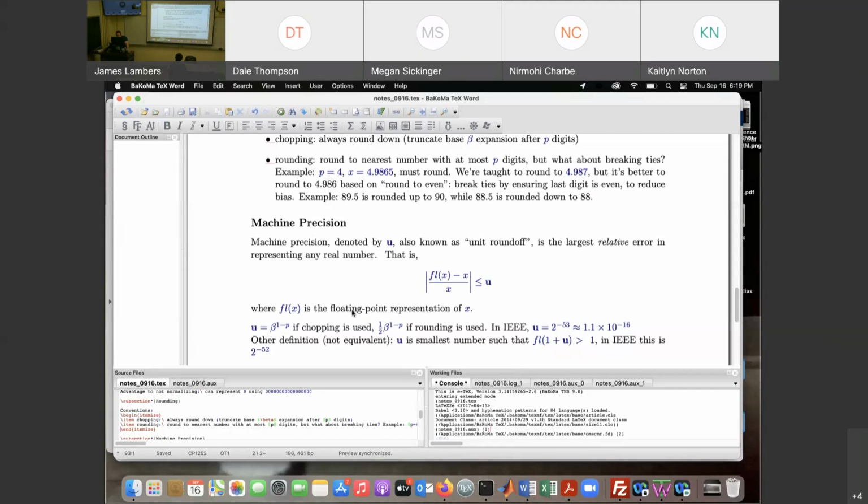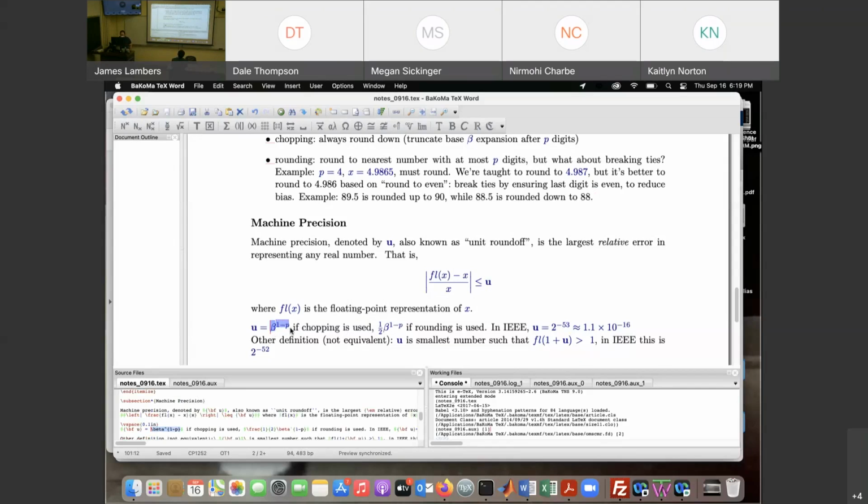And the value of u depends on whether you round or chop. So if you chop, then machine precision is just the value of the least significant digit in the mantissa. So beta to the 1 minus p power, like 2 to the minus 52 in IEEE. But if you round, that error is cut in half.